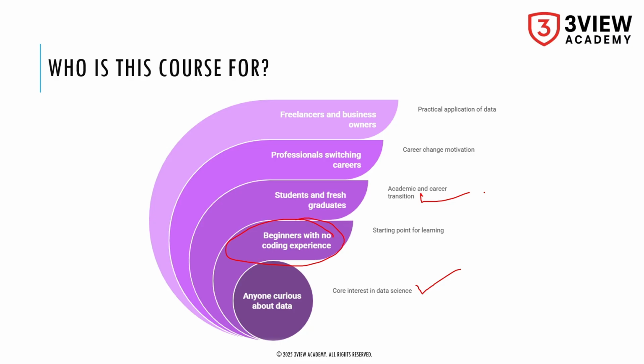So career transition: people who are looking for a transition in their career and have an interest in analytics can use this data science course, this skill, to upgrade themselves and transition to a new role. As I mentioned, career change motivation. This is one example of who is doing this course. Practical application of data: like freelancers and business owners.